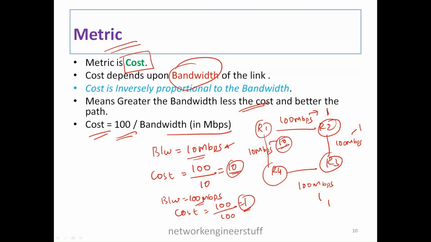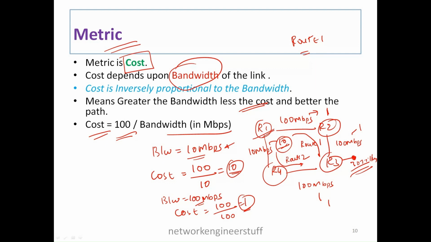Now let's say to reach that network, here there is some network, let's say a 30 network. To reach this network, we have two routes, route 1 and route 2. This is route 1 and this is route 2. For route 1, what will be the total cost to reach this network, 30.1.1.1/24 from R1?